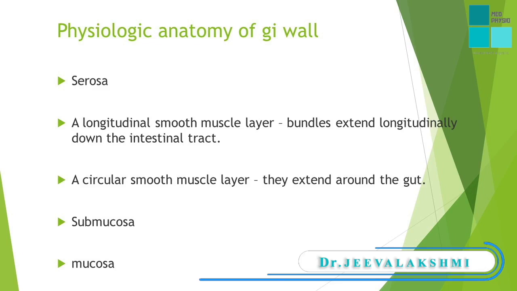In the longitudinal muscle layer, the bundles extend longitudinally down the intestinal tract. In the circular muscle layer, they extend around the gut, a network of smooth muscle bundles. Therefore, each muscle layer functions as a syncytium.